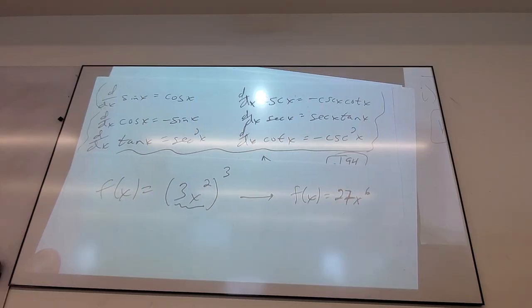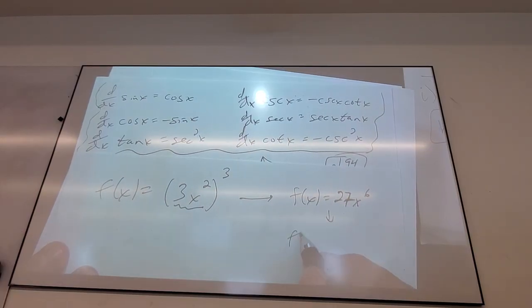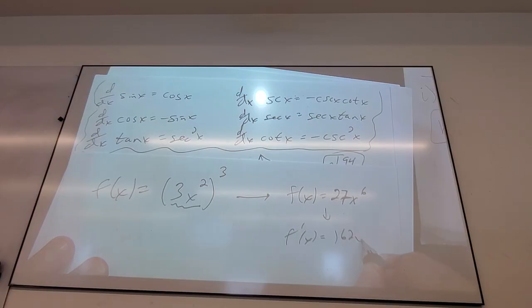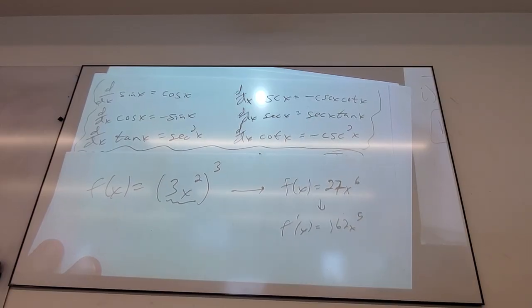You all with me? What's this guy's derivative? 6 times 27. Yup. What's 6 times 27? You have calculators, it's fine. 3 times 27 is 81. 162. Yeah, 162, so 162 x to the fifth.